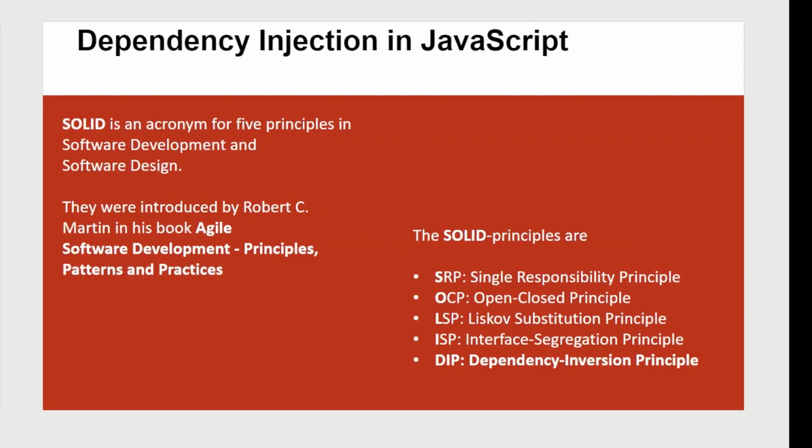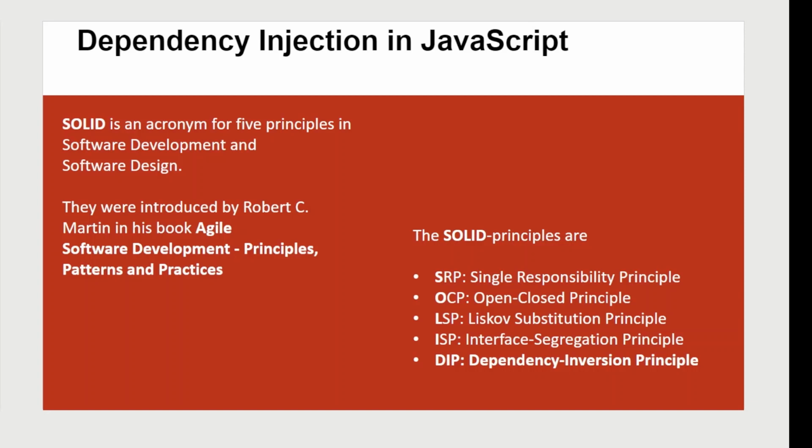Let's start with the SOLID principles. SOLID is an acronym for 5 principles in software development and software design. And they were introduced by Robert Martin, aka Uncle Bob, in his book Agile Software Development: Principles, Patterns, and Practices.